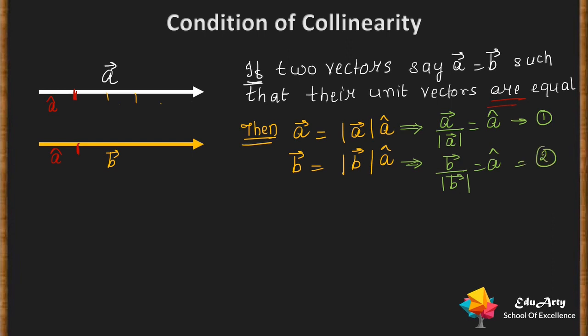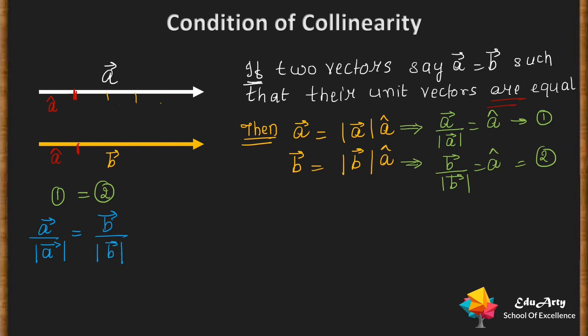Now both are a cap, so we can easily equate 1 is equal to 2, right? That means we can write that A vector by magnitude of A vector is equal to B vector by magnitude of B vector.